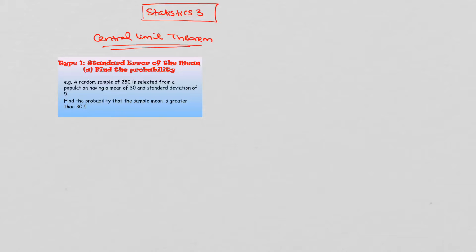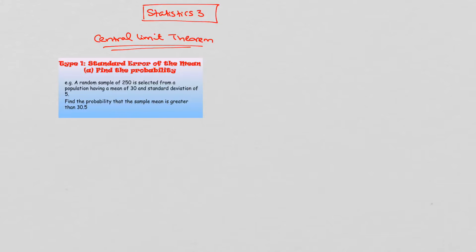So if we look at the information given to us here, we can see that n, our sample size, is 250. So this means that n is greater than or equal to 30, and therefore our sampling distribution must be normal, regardless of what the underlying population is.